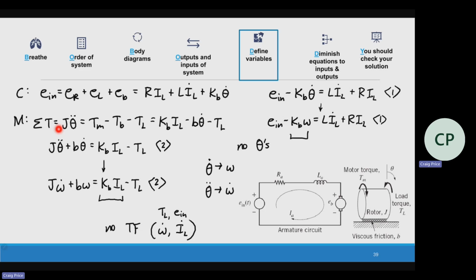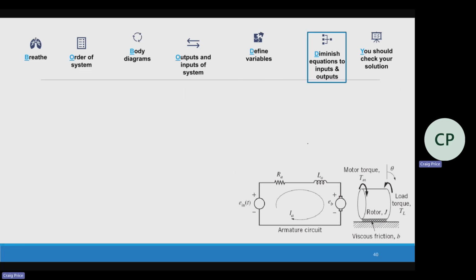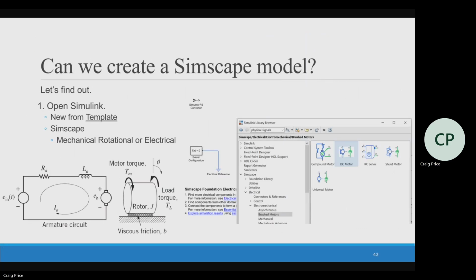That's not due this week, it's due next week. So what I'd like to do is create the SimScape model of this. That's the last thing we're doing today. If you get it done pretty early, great. But it might take a little bit of time to figure out. I just want you to get closer to figuring it out for the homework.